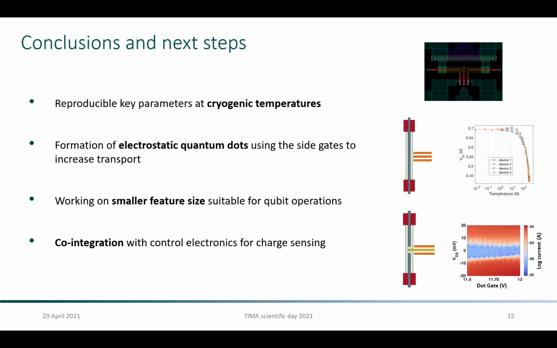So maybe I have a question which follows this one. Maybe it's not in your scope, but did you have some work which investigates how the qubit will be controlled by an external electronic? Because at some point we need to connect your quantum computing to a classical computer.